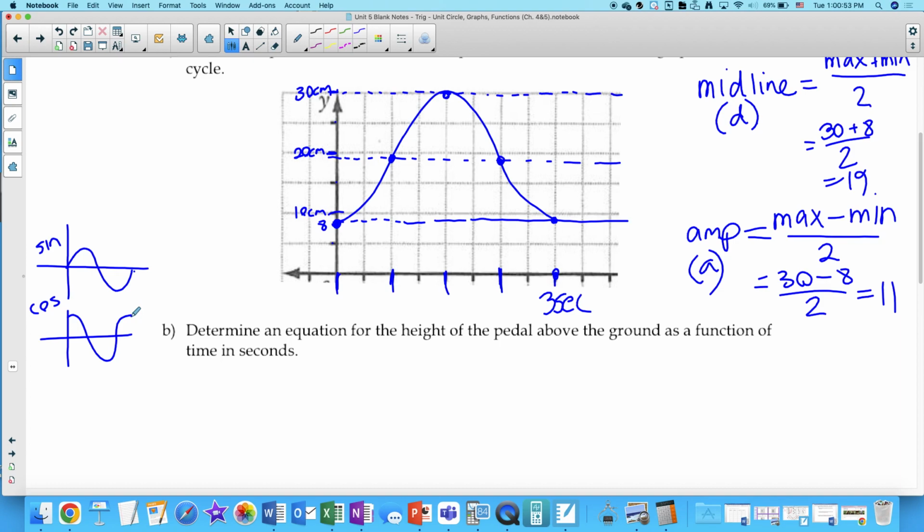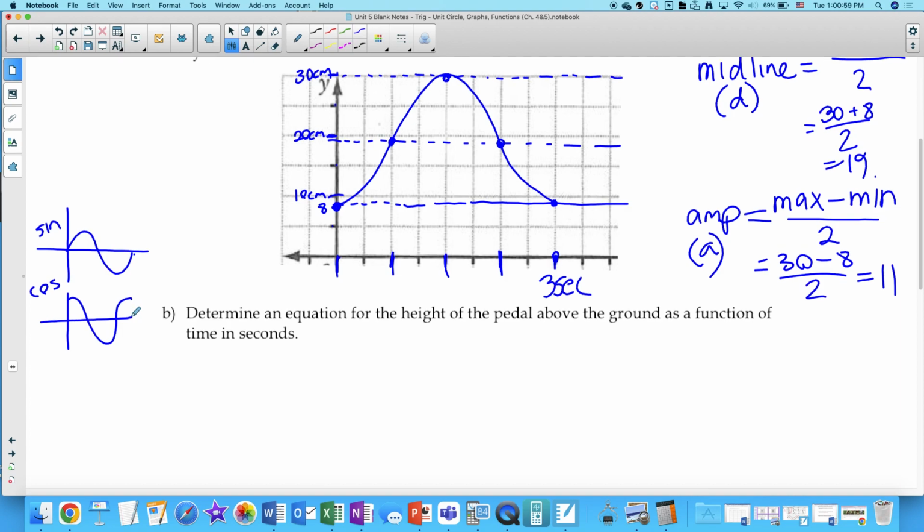My personal instinct, and maybe I'm just a creature of habit, is that I tend to avoid phase shifts if I can. So what I would do is say, I'm going to use cosine, but then include a reflection, which means the a value would be negative. Okay? So what I would do is y equals a cosine bx.